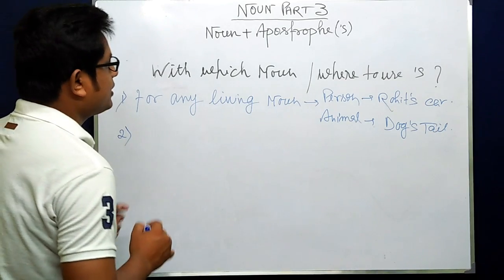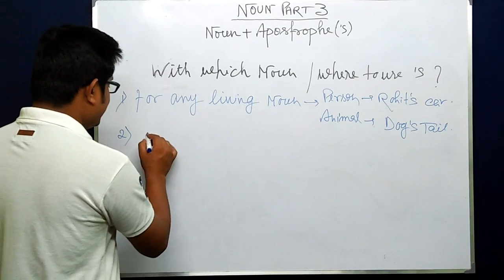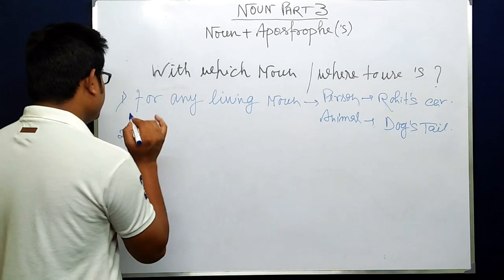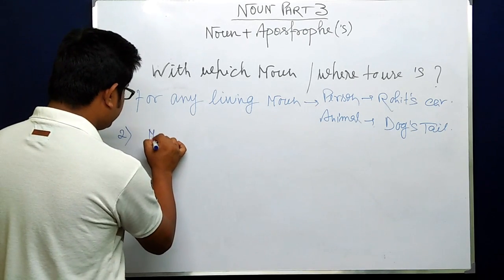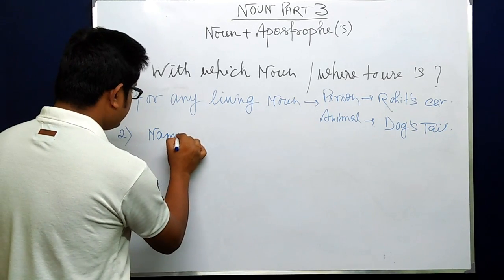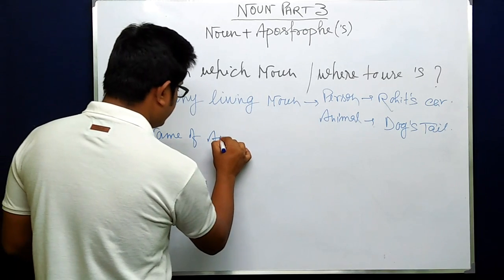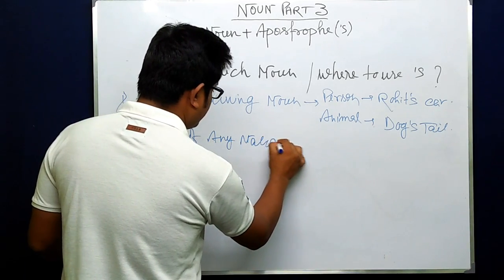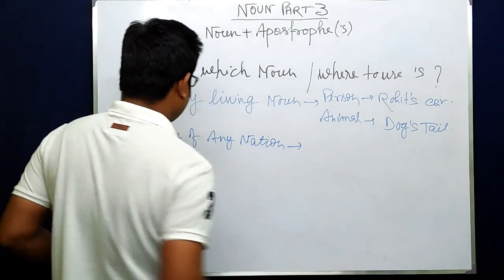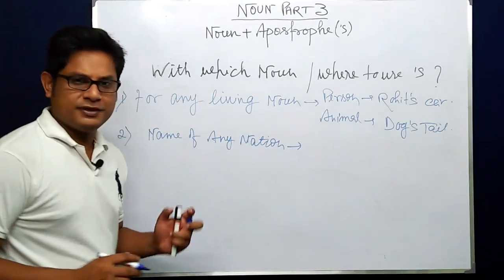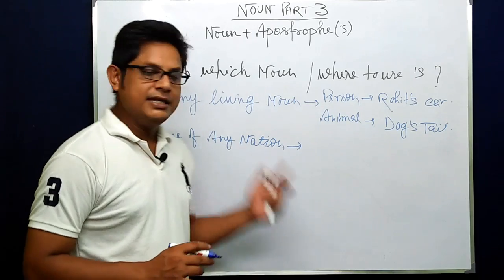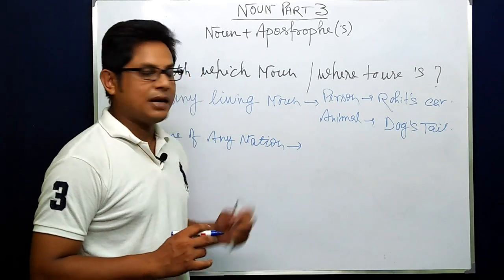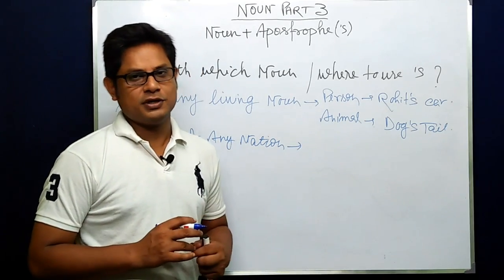Number 2, you can use apostrophe s with the name of any nation. If the noun is the name of any nation, then you can use apostrophe s with that particular noun.